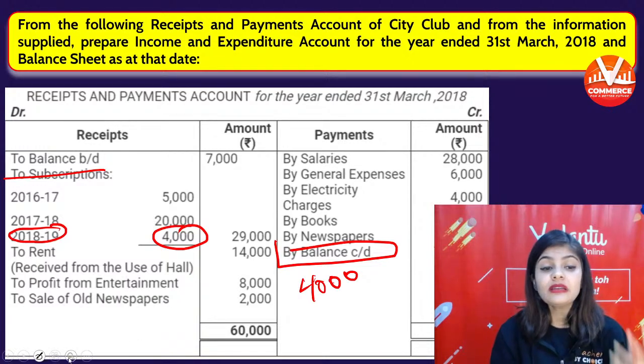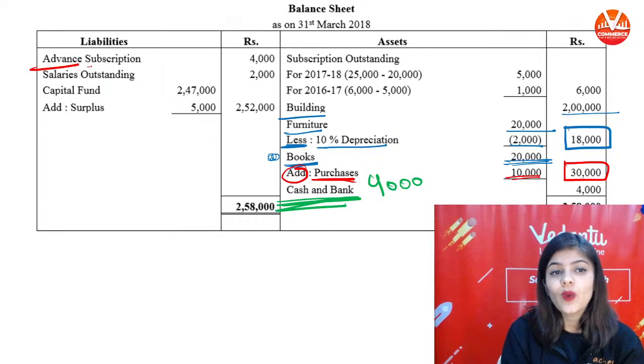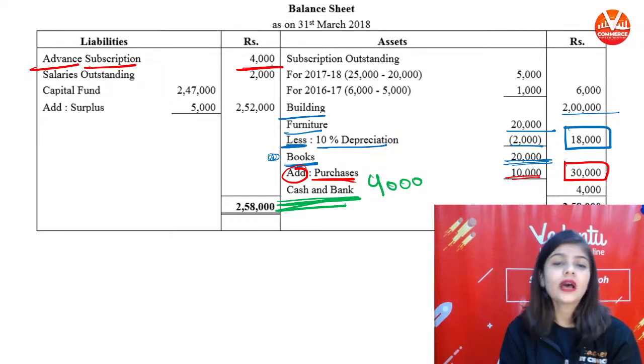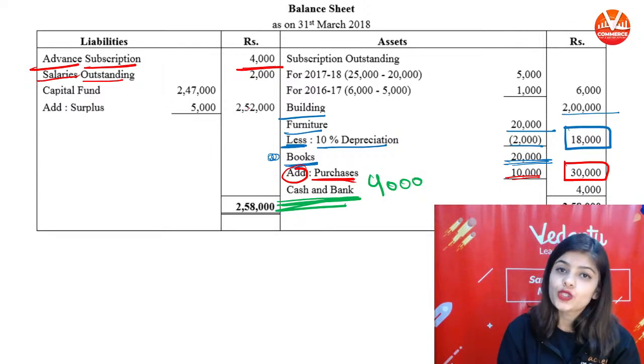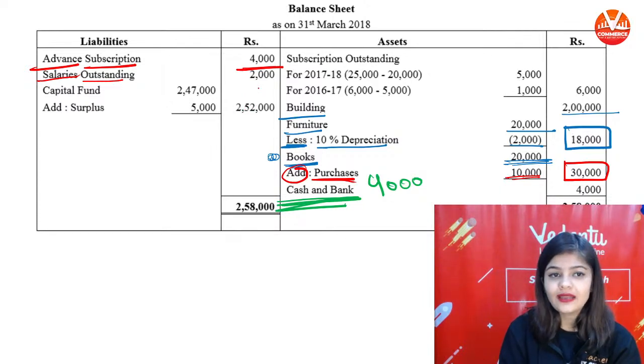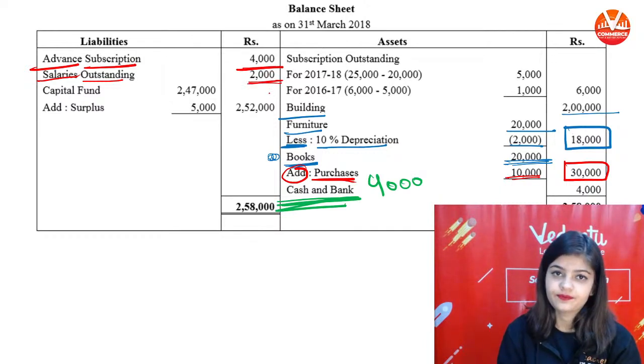So subscription received in advance is a liability. Advance subscription 4,000. In additional information, salary outstanding for the current year was given. So outstanding expense is also a liability. Salary outstanding 2,000 for the current year.